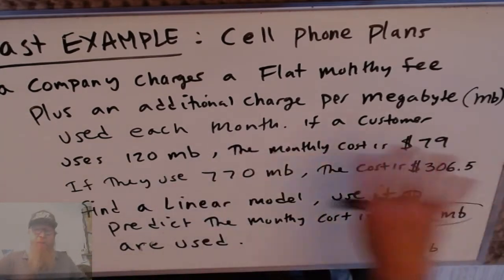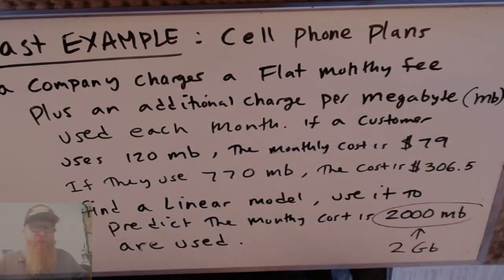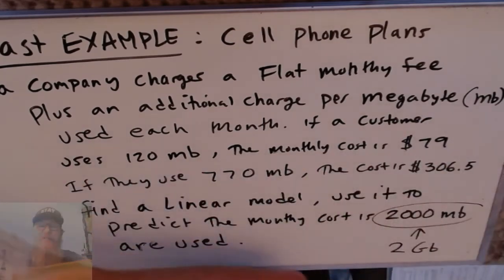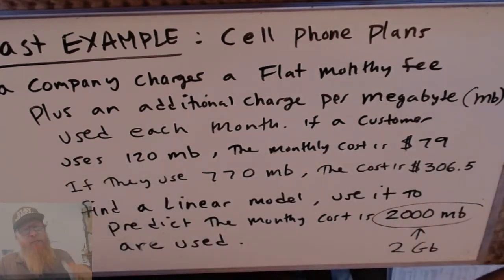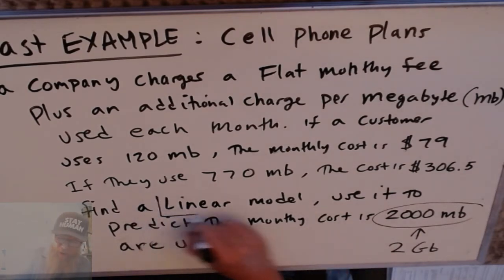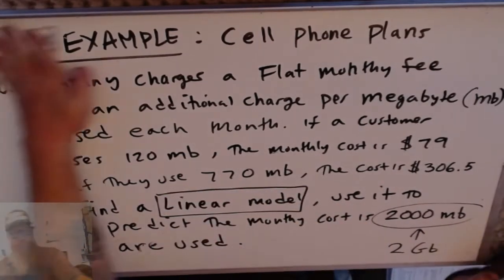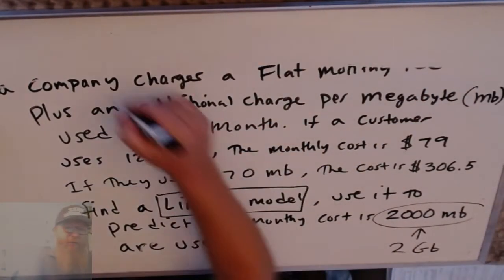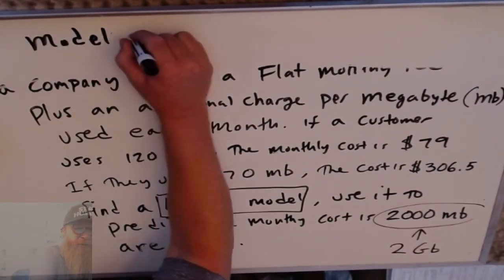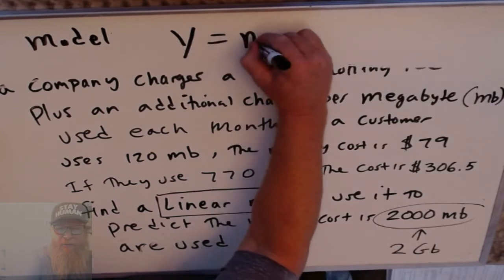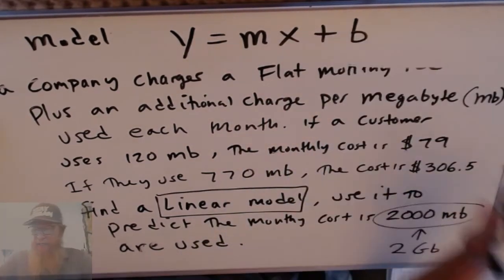The same type of thing works with rental cars. Rental cars often charge you per mile plus an additional charge per day and other things of that nature. Okay, so let's go ahead and find our linear model. Our linear model is going to be y equals mx plus b.